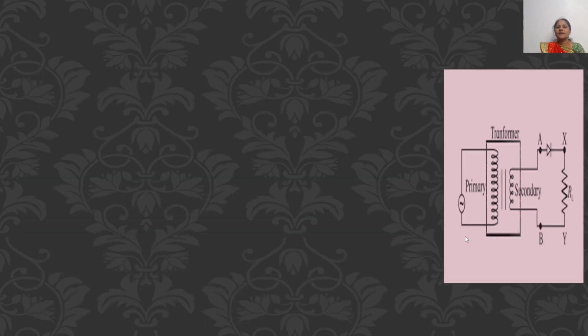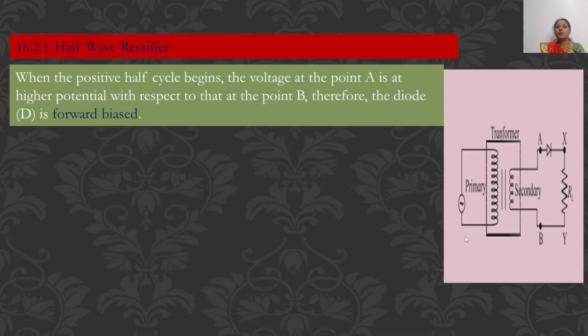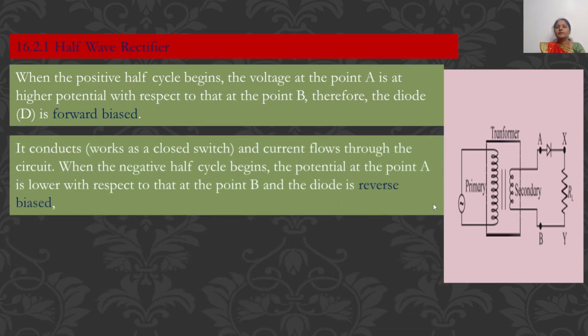After every half cycle, when the positive half cycle begins, the voltage at point A is at higher potential with respect to point B, therefore diode D is forward biased. It conducts and current flows through the circuit.